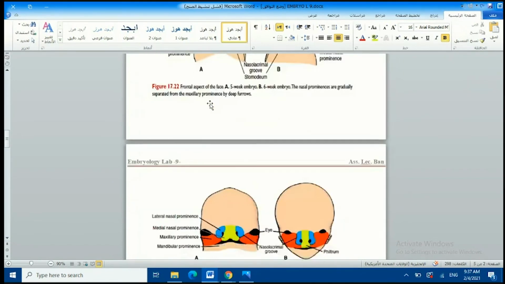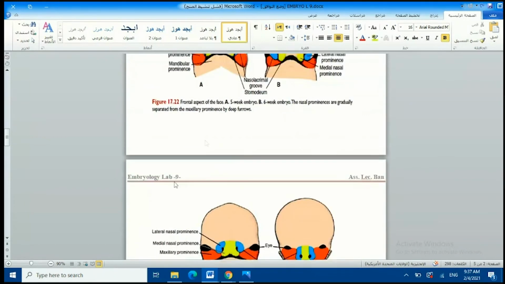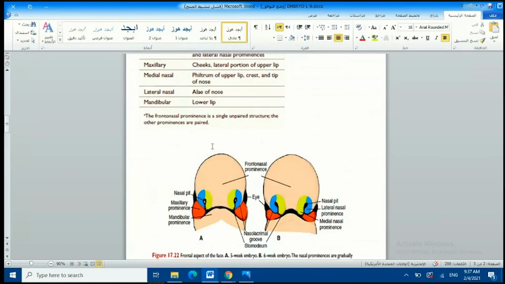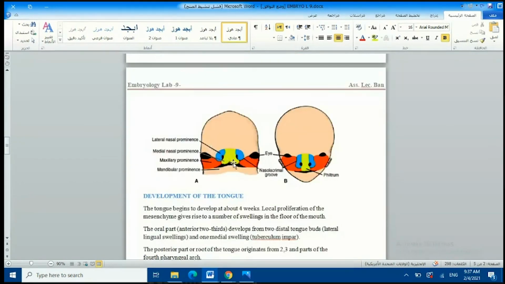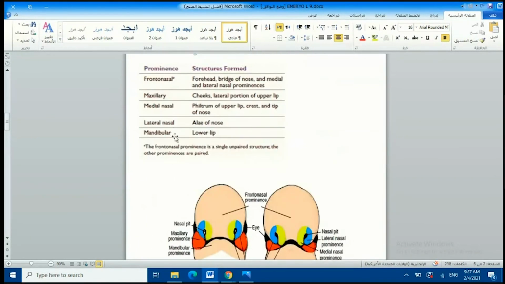Look at here. This is the lateral nasal prominence and the medial nasal prominence. As we see, it will form the philtrum of the upper lip with the crest and the tip of the nose. And the last one is the mandibular prominence. The mandibular prominence will form the lower lip, and the lateral nasal will form the ala of the nose.